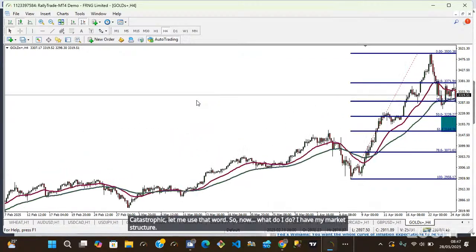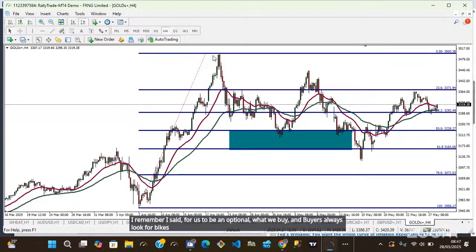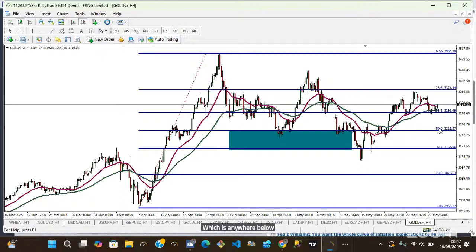This is the most recent low and the most recent high that was marked. And remember, I said for us to be in an uptrend, we want to be buying, and buyers always look for buys at discount prices, which means low price, which is anywhere below 50% of the fib.